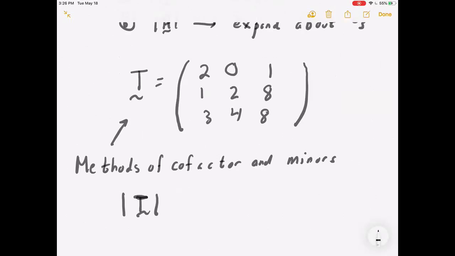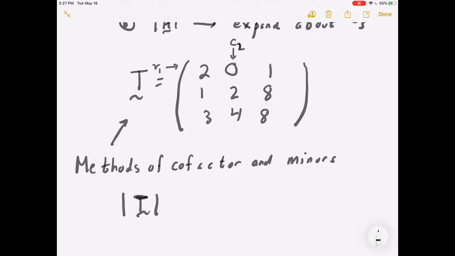Well, if you look at this matrix, you should realize that in fact, there are 2 ways that allow you to do less work than the other 4. If you expand either about row 1 or column 2, not column 1 but column 2, you're going to get a 0 matrix element here.